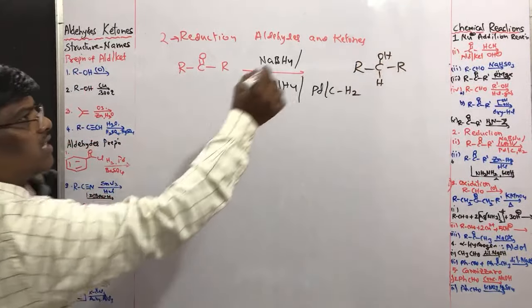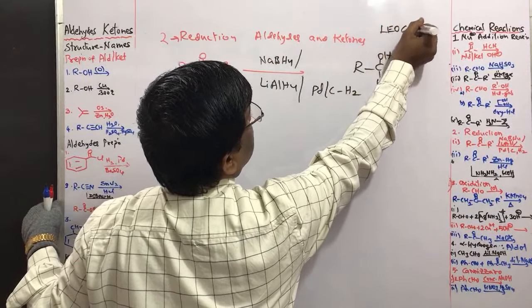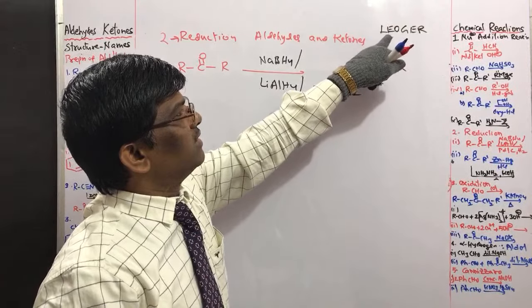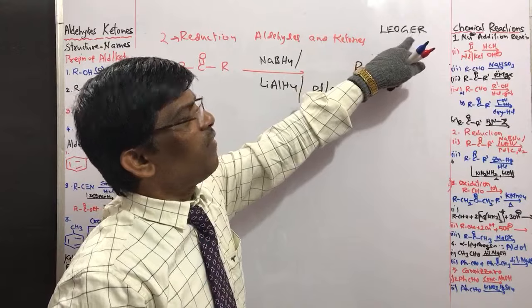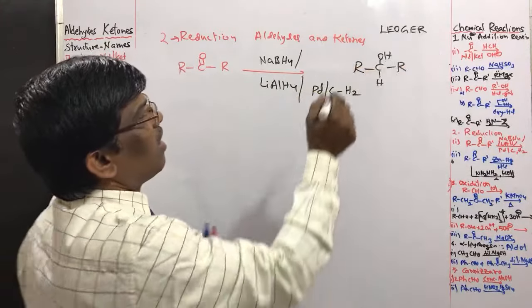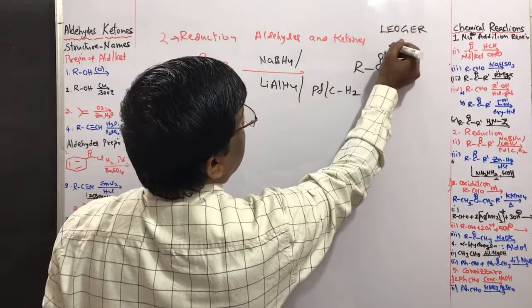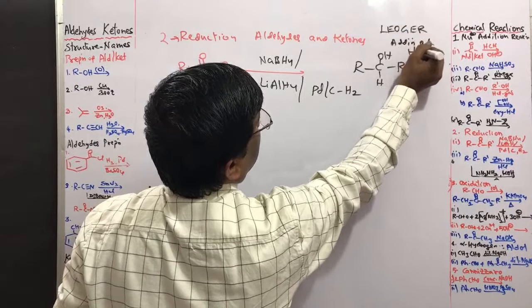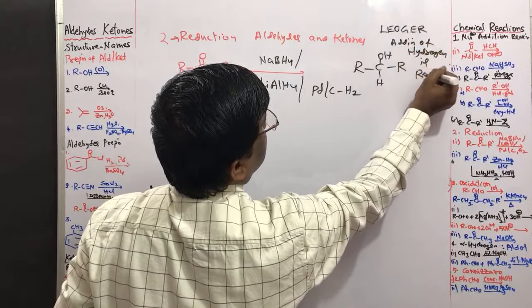So what is reduction? Just now what I said, LEO-GER. Stick to LEO-GER. Loss of electrons is oxidation, gain of electrons is reduction, or addition of oxygen is oxidation, and here addition of hydrogen is reduction.